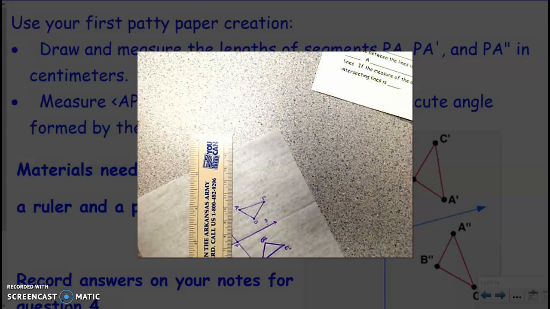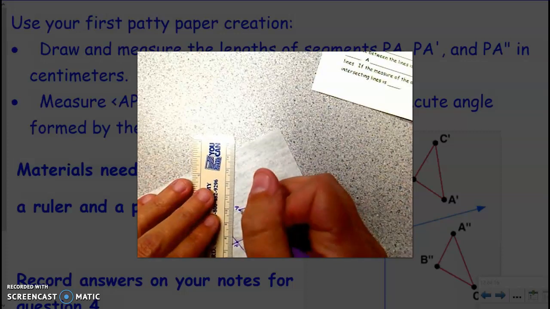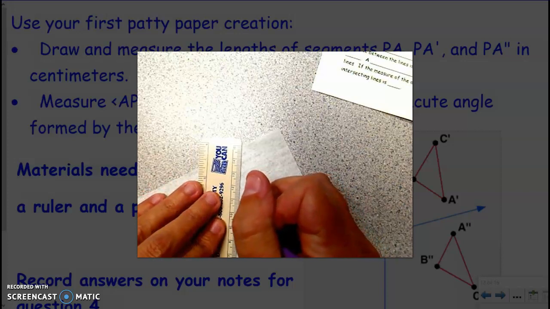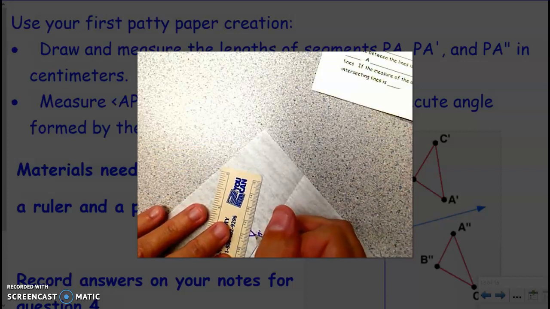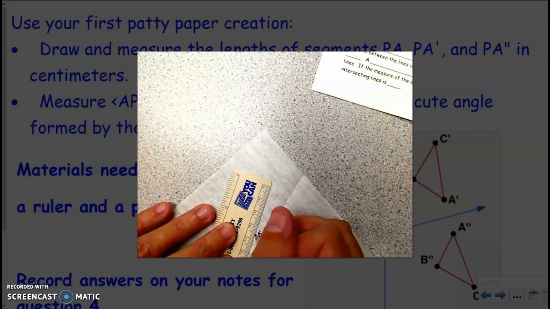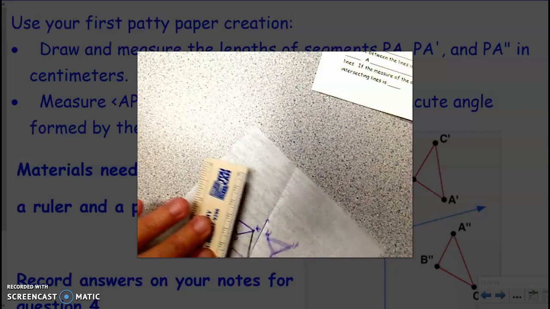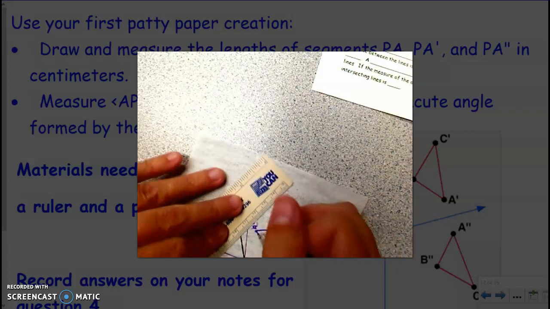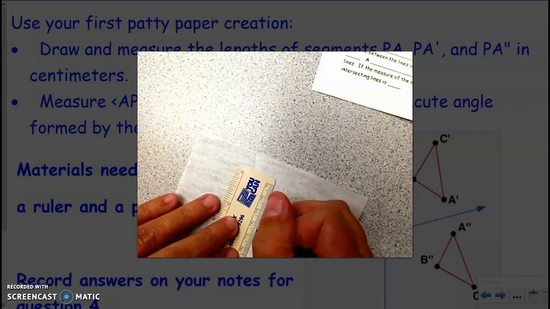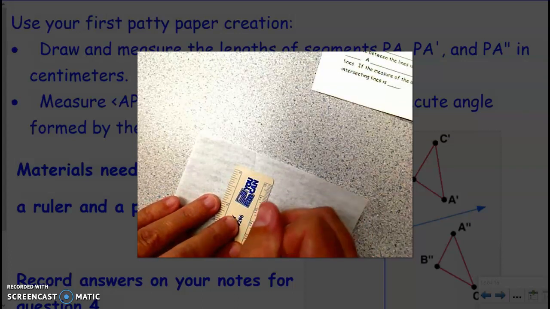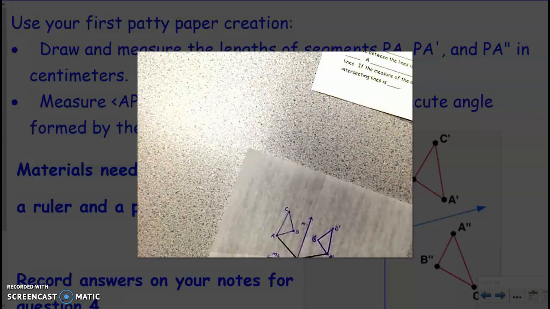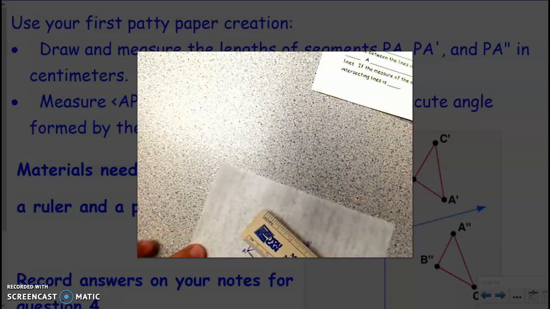Okay, well, we'll try pencil. May not show up as well, but at least it'll show up. There we go. And then we're going to connect P to A prime, and then P to A double prime. And then in our notes, we're going to record those lengths.